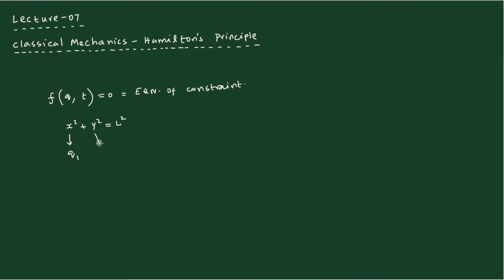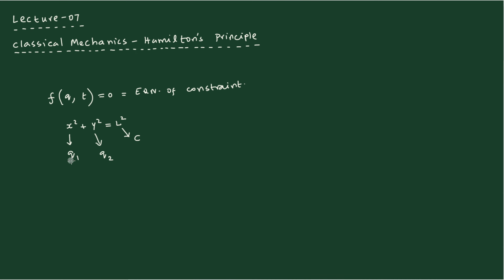Therefore x, y will not have any special significance. We will rename: x will be renamed to q1, y will be renamed to q2. And of course, L is a constant, that's fine. You can say that it is just a constant, C.